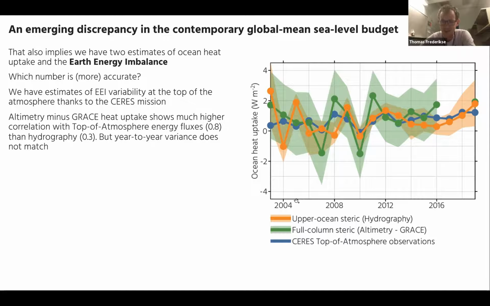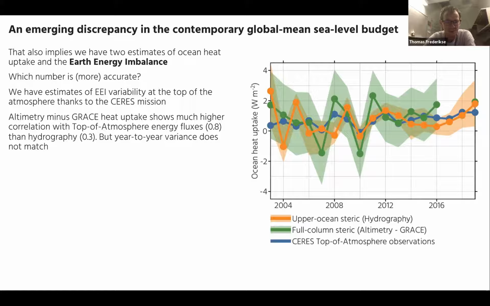So here we have again our two estimates. In orange is our estimate from Argo, from hydrographic observations, in green is our new estimate of altimetry minus GRACE, and in blue is the top of the atmosphere. The fun thing you can see is that both Argo and altimetry minus GRACE show much more year-to-year variability than what CERES measures, but the correlation is strikingly different.